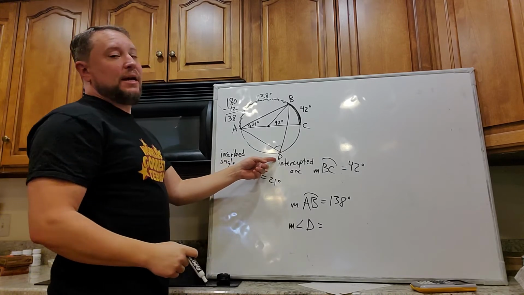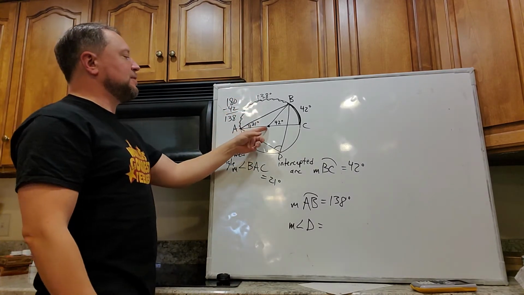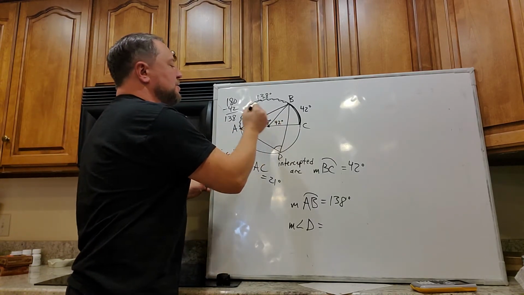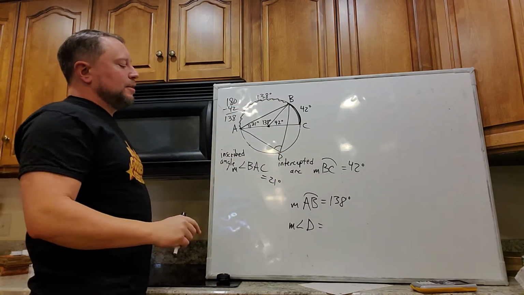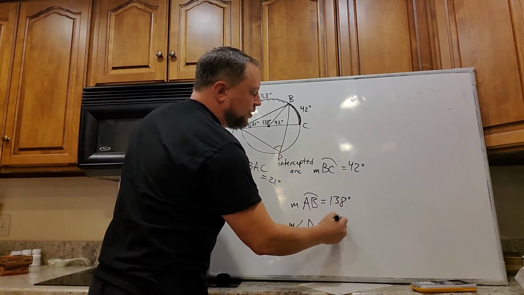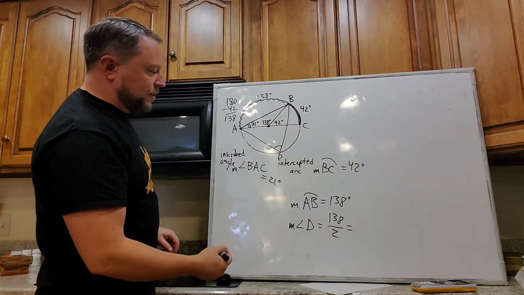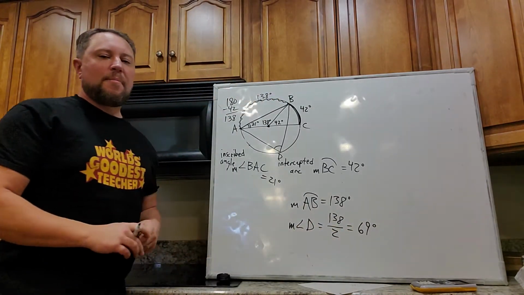It's an inscribed angle, so it's not a matching 138. If it was at the center, it would be. So this angle right here is 138 at the center. But if I go all the way down here now, that should only be half of 138, which is what? 69 degrees.